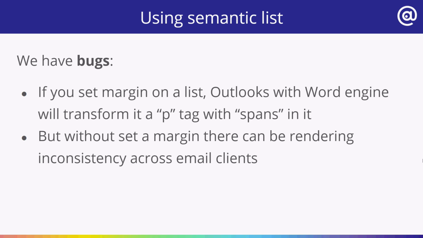Another benefit of real lists is that the screen reader can tell how many items there are in the list, and it will describe the type of bullet used to denote each list item. So this is not going to happen on Outlook, but there is a solution for that too.